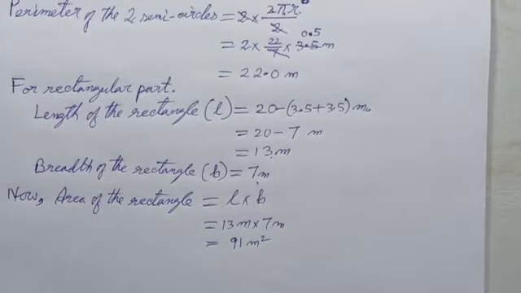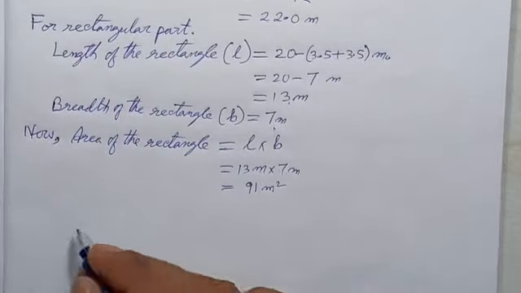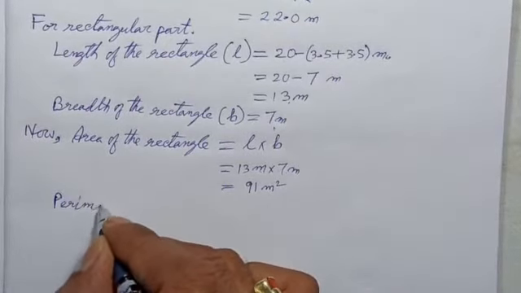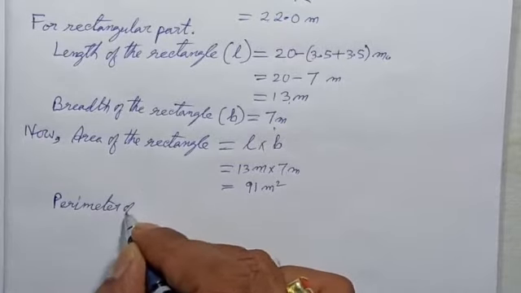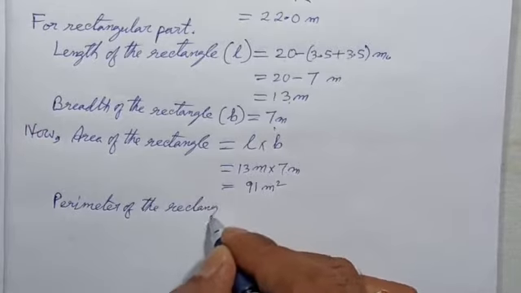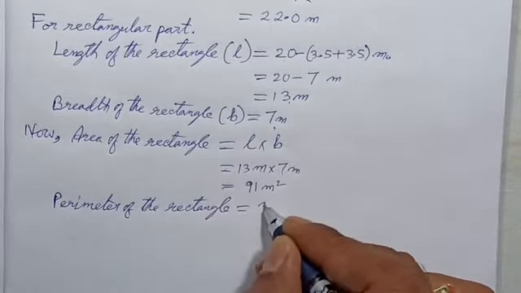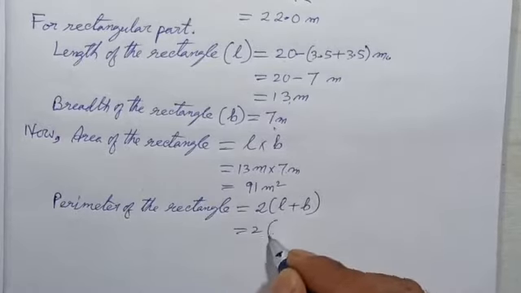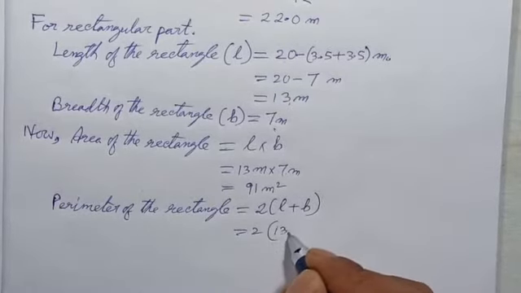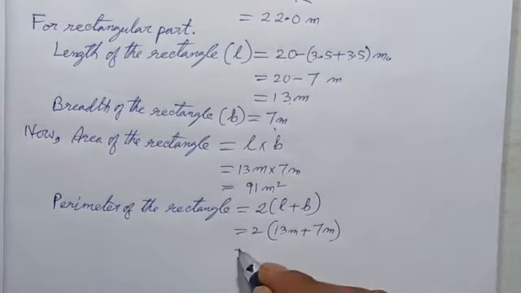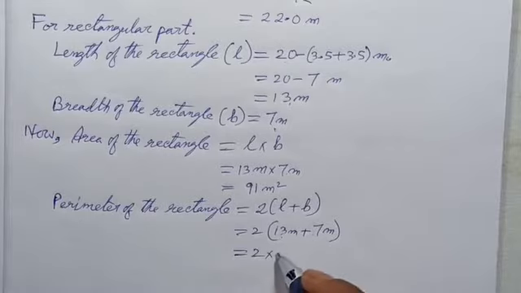Next, let's find out the perimeter of the rectangle. The formula to find the perimeter of a rectangle is 2 times length plus breadth. Length is 13 meter, breadth is 7 meter. 2 into 13 plus 7 is 20 meter. 20 into 2 is 40 meter.